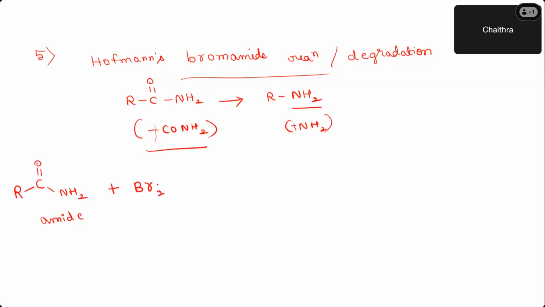That is the reagent. Plus, I will take a strong base, whether KOH or NaOH, anything you can take. So I require 4 moles of KOH. I'll write KOH only. Now, on the arrow mark, you show the heating symbol.